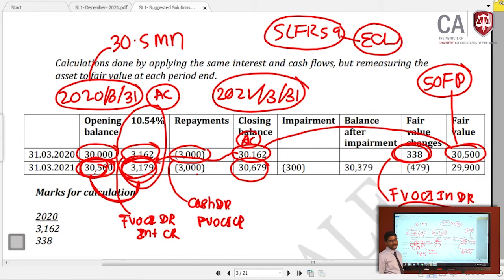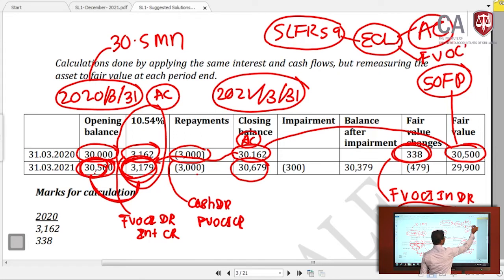So an equity instrument doesn't have an ECL requirement, but for a debt instrument you should always do the ECL assessment. Why? Which are the debt instruments? Those categorized under amortized cost and fair value through OCI, because a fair value through P&L instrument, even if it is a debt instrument, no ECL requirement comes. But here, for a fair value through OCI debt instrument, the impairment requirement comes.